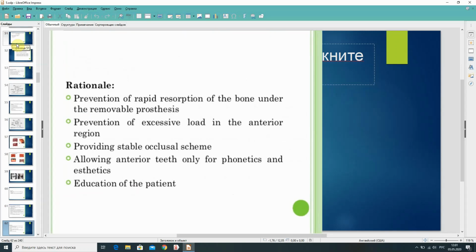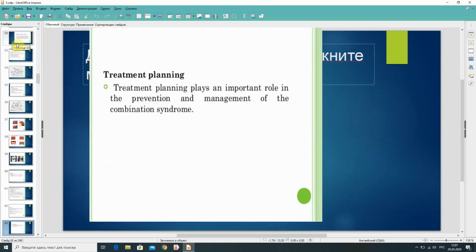Prevention of rapid resorption of the bone under the removable prosthetics, prevention of excessive load in the anterior region, providing a stable occlusal scheme, allowing anterior teeth only for prosthetics, phonetics and aesthetics, education of the patient.